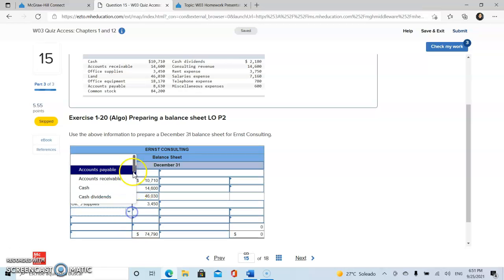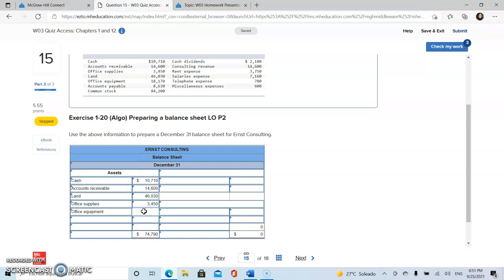And finally, office equipment. So this total right here is going to be our total assets.